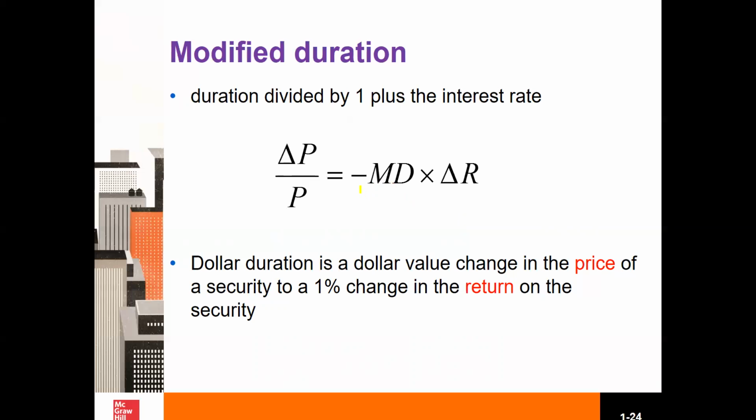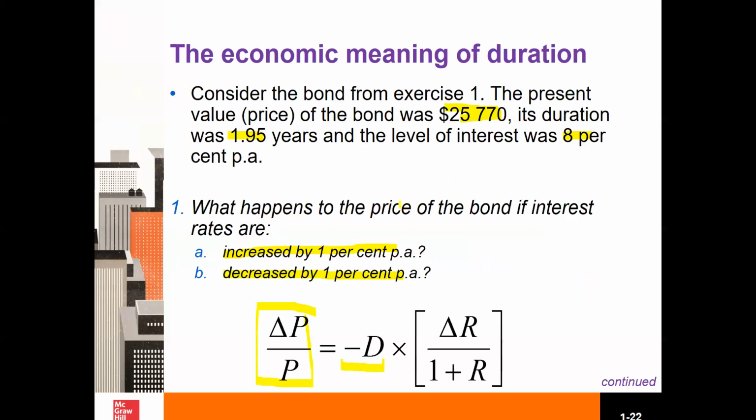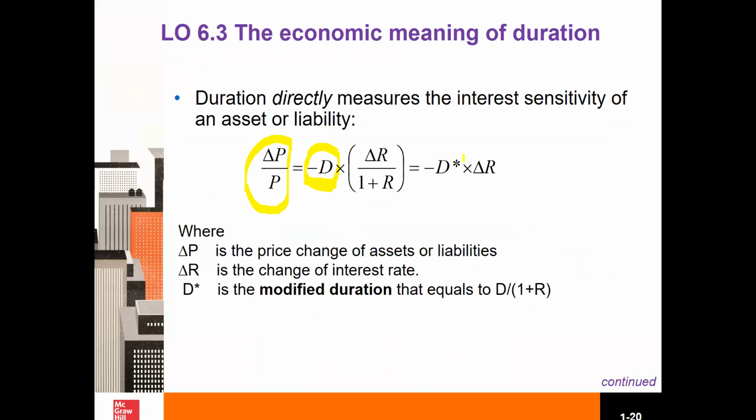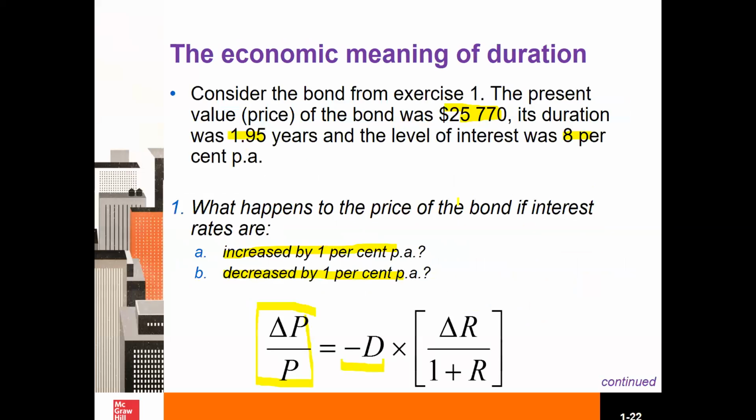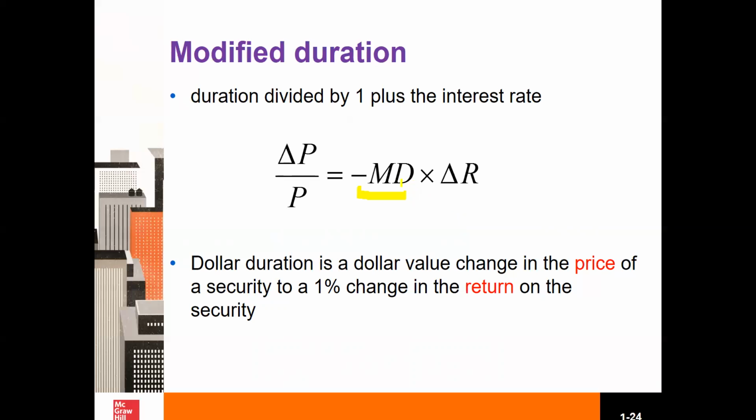So this part is also called modified duration. As I was saying, when duration is divided by 1 plus r, it is known as modified duration, and when modified duration is multiplied by the interest rate change, that's the price change. This price change will indicate how much the price will change for a given change in interest rate.